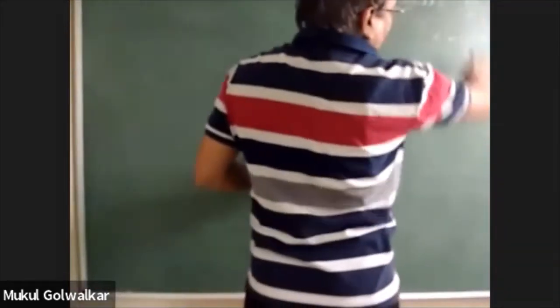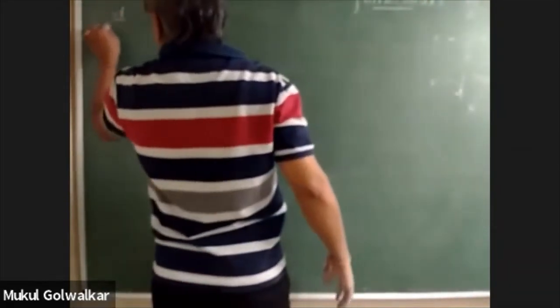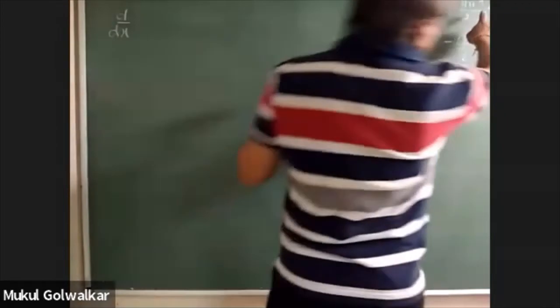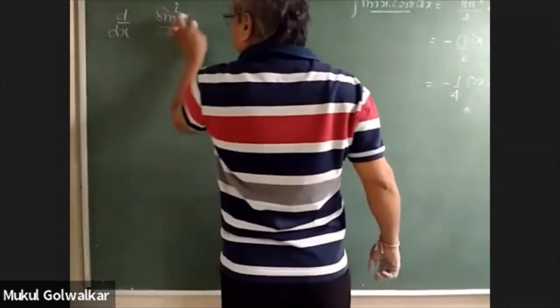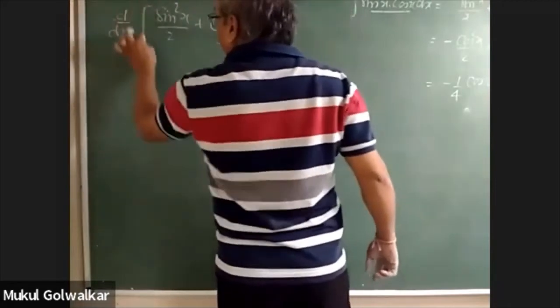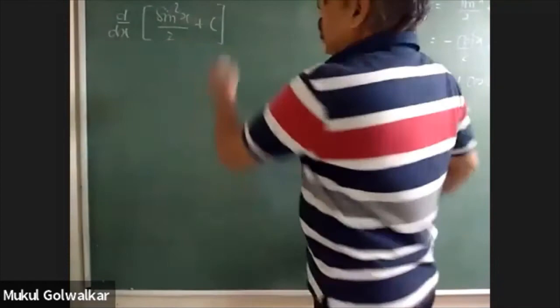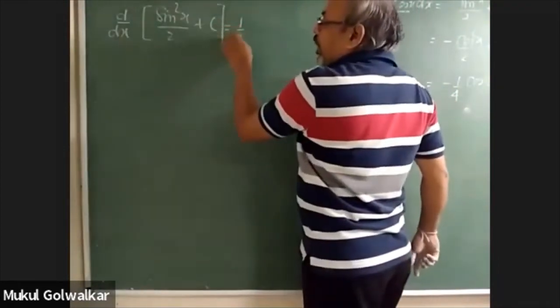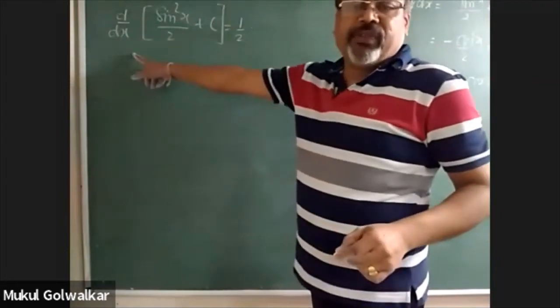I just wanted to prove that these answers I have written are all correct answers. So I am differentiating the first answer, d by dx of sin square x by 2. The constant 1 by 2 should be taken out of the differentiation.